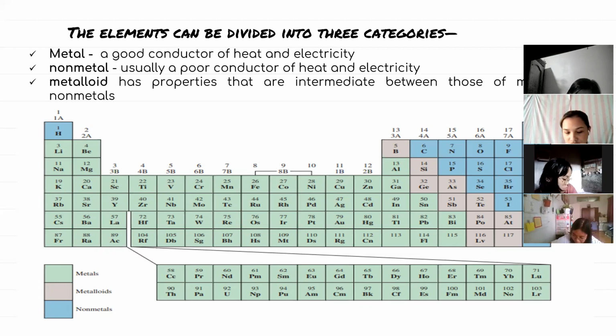So if I ask you, class, the most abundant is oxygen, followed by silicon, followed by aluminum. But if the question is, what is the most abundant metal on Earth? Of course aluminum. When the question is specific to metals, the most abundant metal that exists is aluminum.